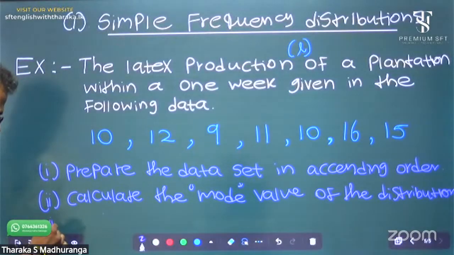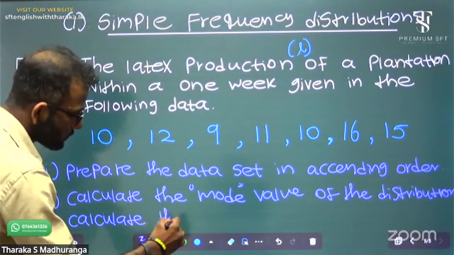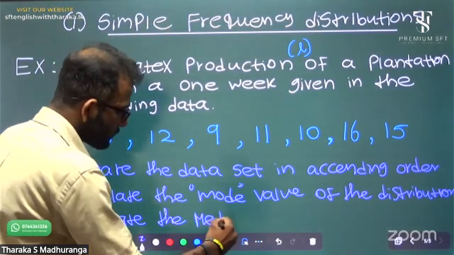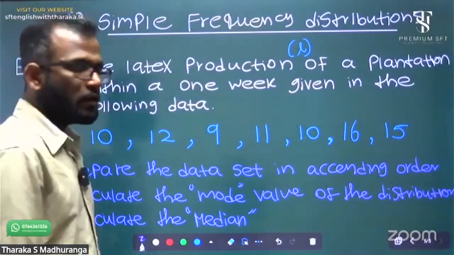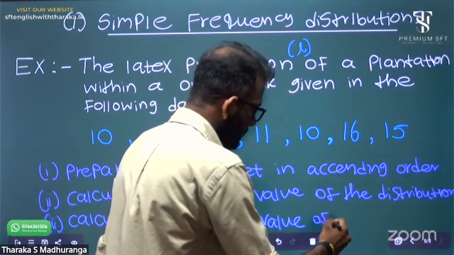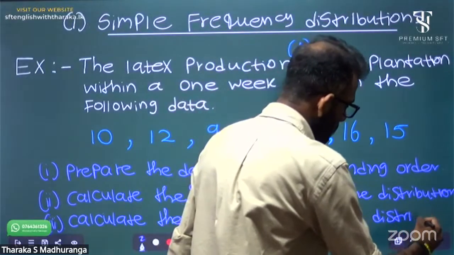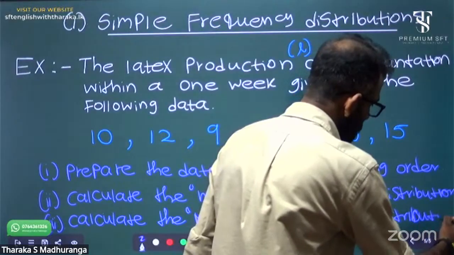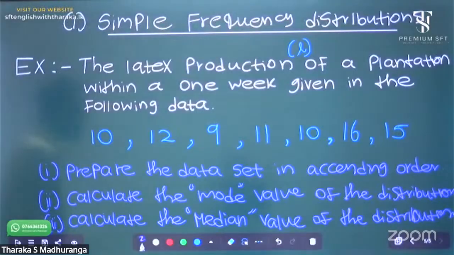The third one, calculate the median value of the distribution.